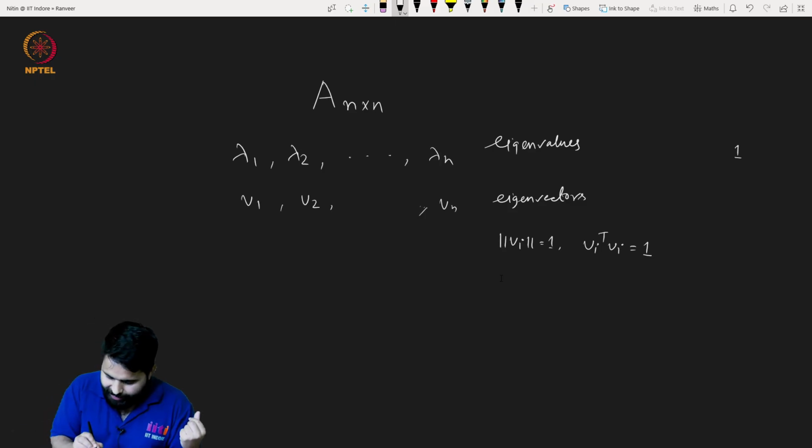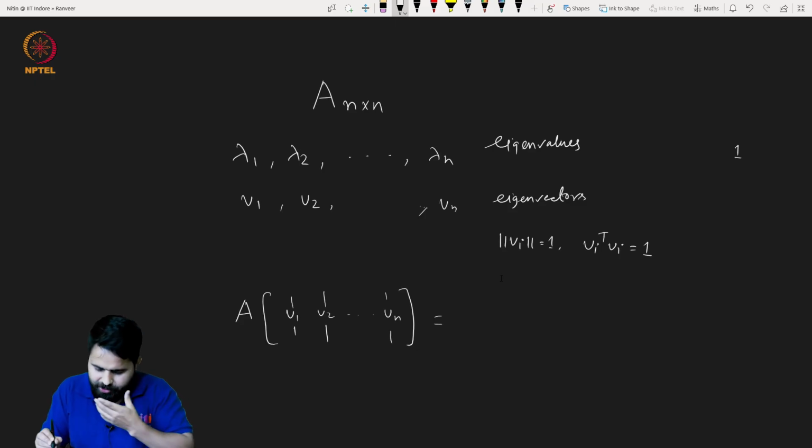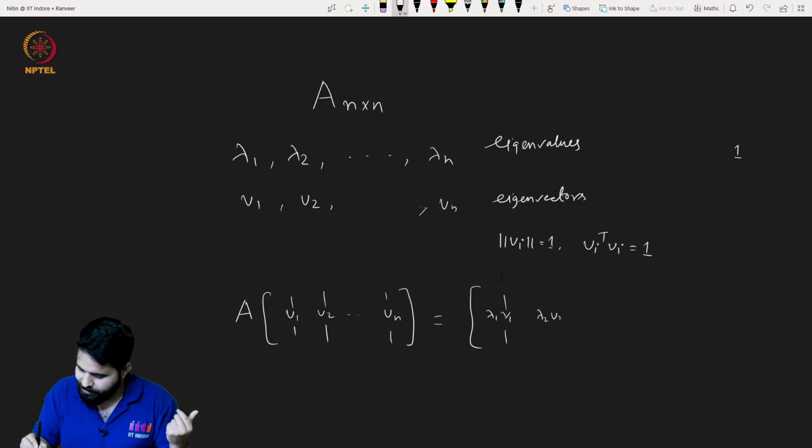So I can write A times the eigenvectors, first, second, in some ordering. By the definition of eigenvalue, this is nothing but lambda 1 v1, lambda 2 v2 up to lambda n vn.